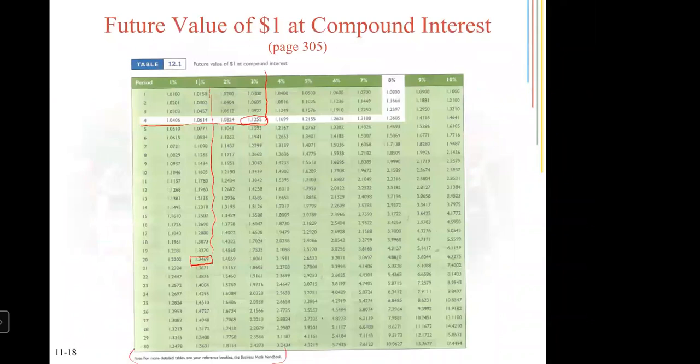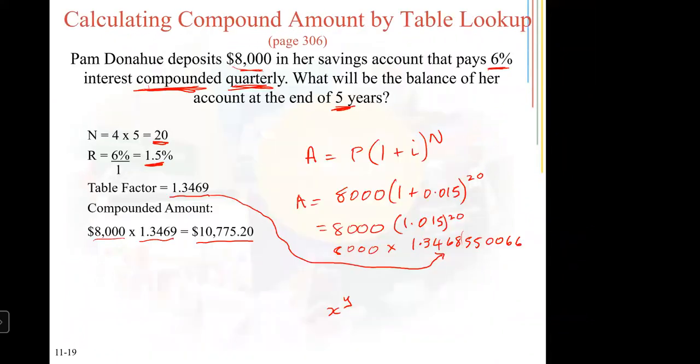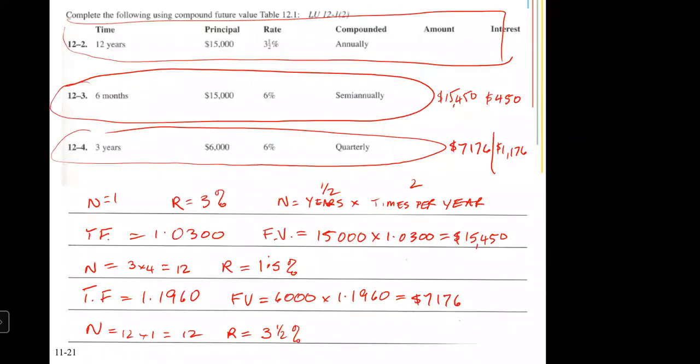I think it has a wider range of values than what is in the actual textbook itself. So not to worry if you don't have it, because like I said, for tests and exams, we provide the table, and we'll make sure that whatever is asked, that value is in the table that's provided.